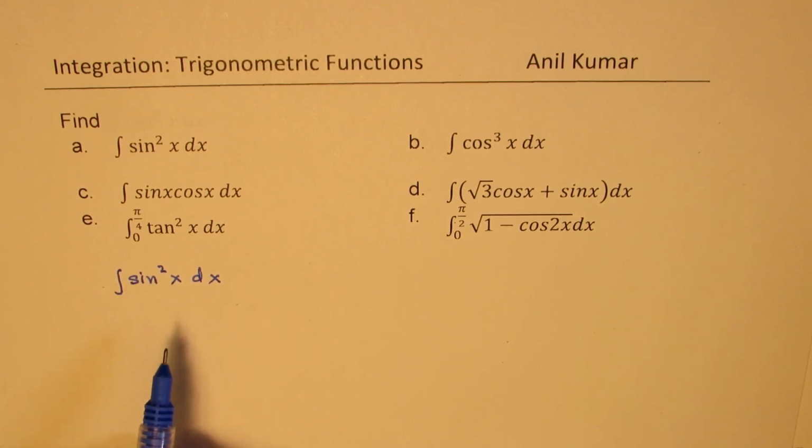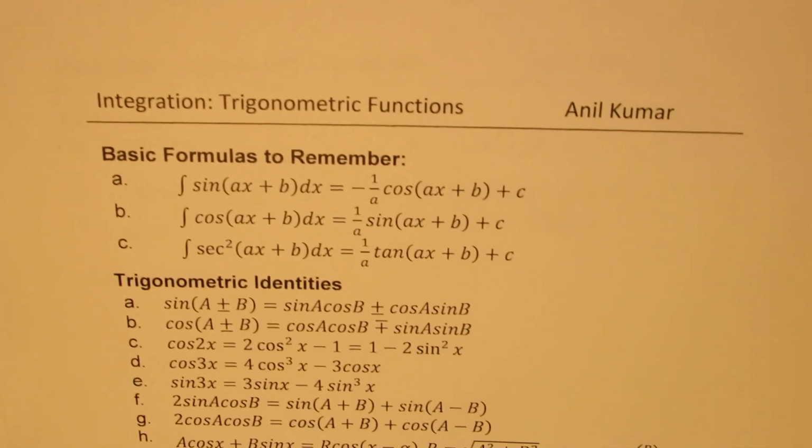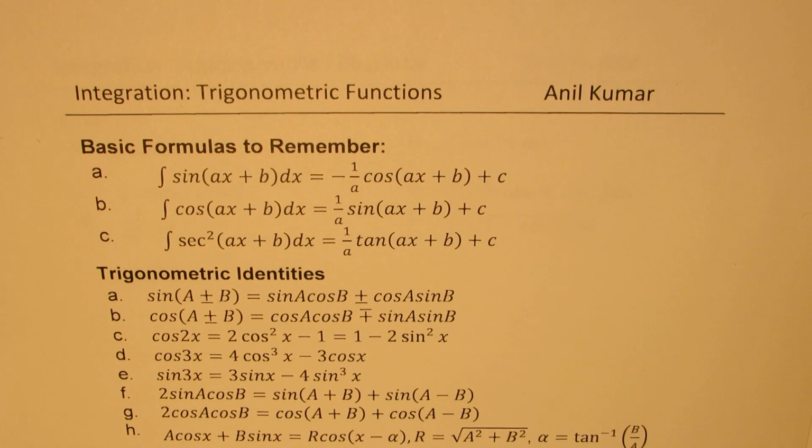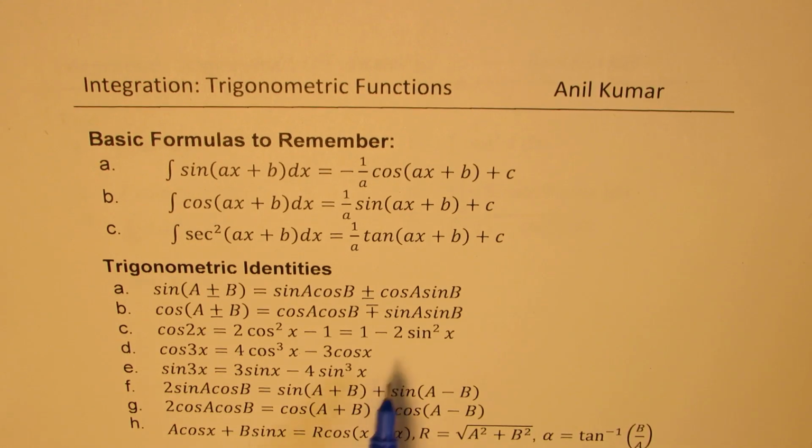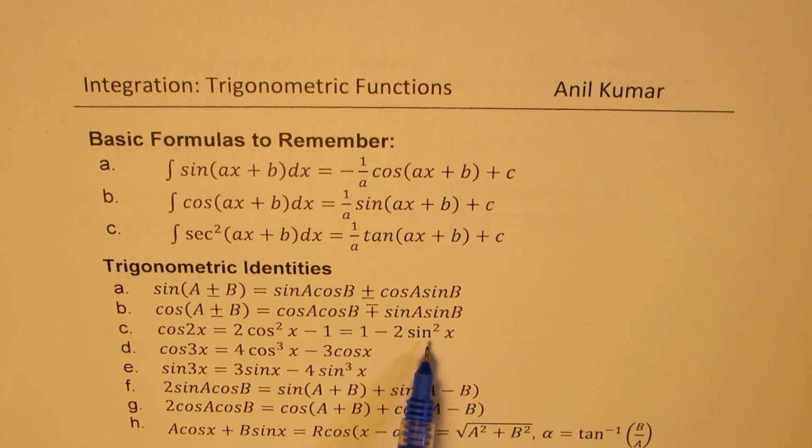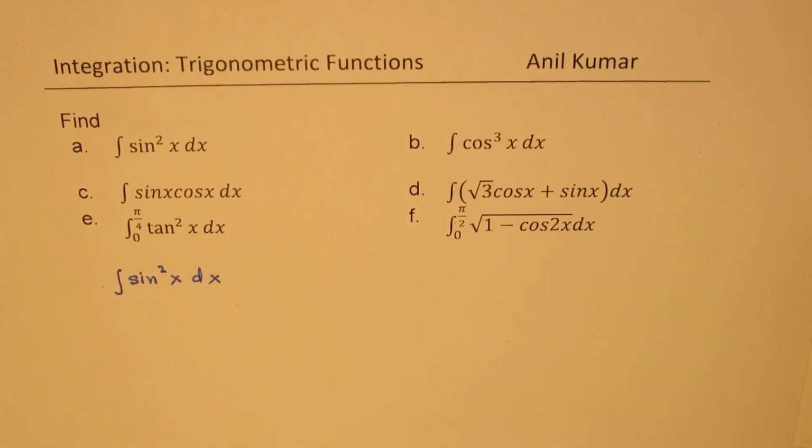So amongst our formula list, you will notice that the formulas which are given at C and D relate cos 2x in terms of cos square x and sine square x. Now these formulas can be used to write sine square x in terms of cos 2x, correct? So whenever you get sine square x or cos square x, you can use these formulas, right?